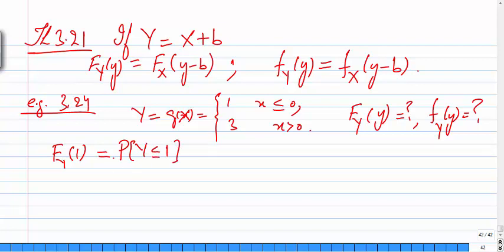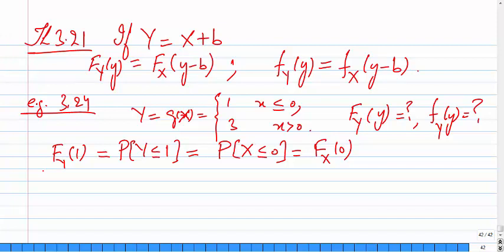So this is the definition of CDF. So this is equal to, if we look at the relation from here, probability that X is less than or equal to 0, or in other words is equal to F X of 0. Similarly, for Y equal to 3, X is greater than 0.